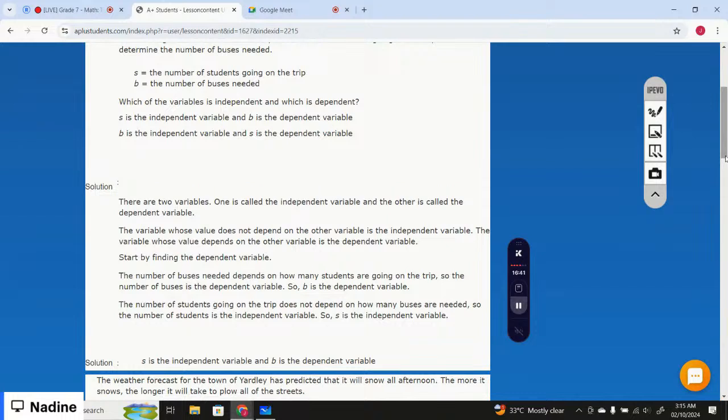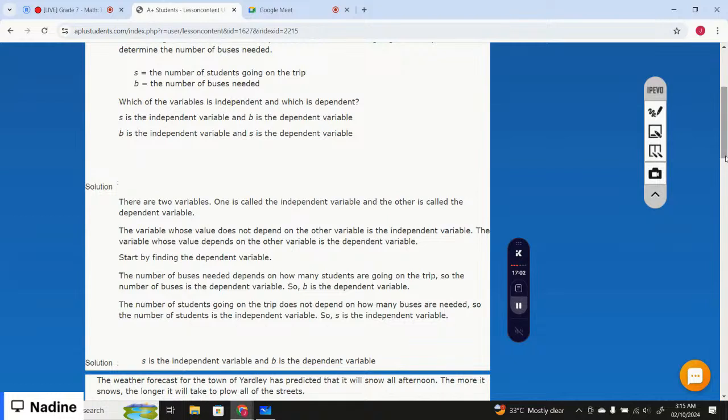The variable whose value depends on the other variable is the dependent variable. According to the name dependent, it depends on something. So that is the dependent variable, right?